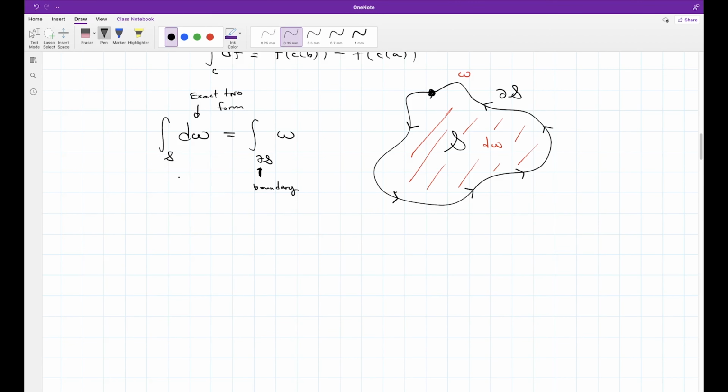Now you may notice that I didn't explain one thing to you, which is how do we evaluate the left-hand side? How do we take the integral of a 2 form over a two-dimensional region? And the answer is we do a surface integral.